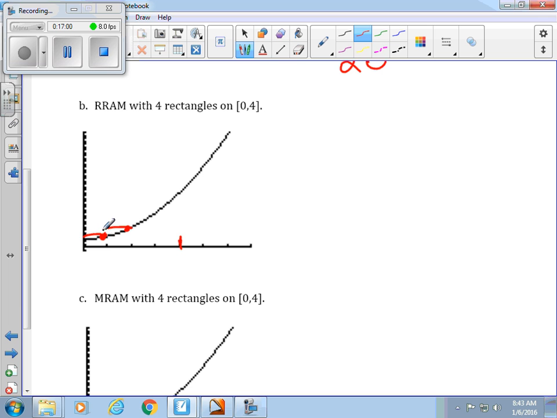Does everyone know why I'm doing 4 rectangles? It said 4 rectangles from 0 to 4, so they're each 1 unit in width.